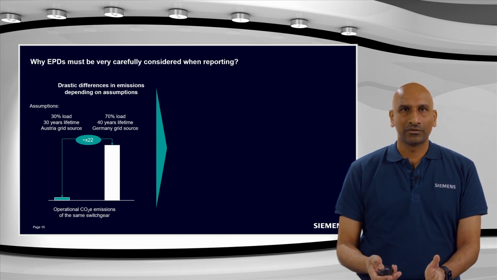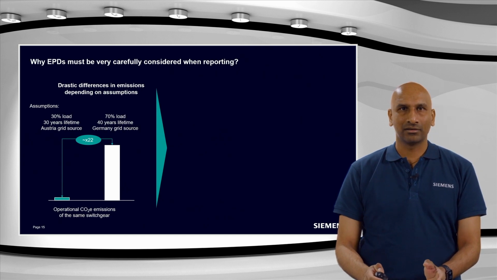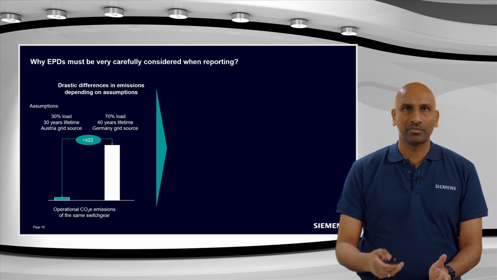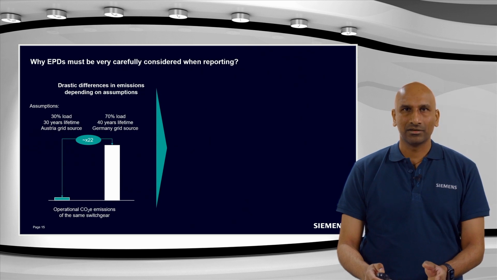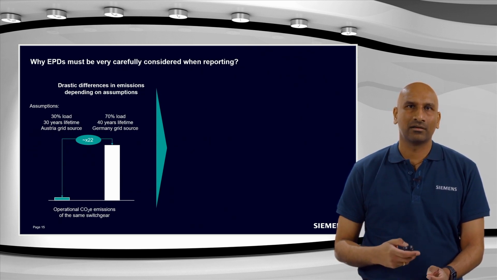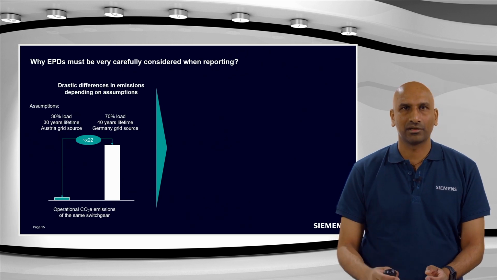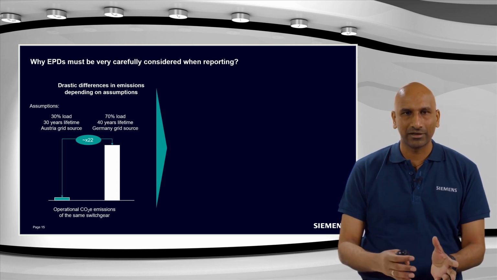So we think it shows clearly that the operation emissions are so dependent on the site conditions that the EPD alone does not give complete details about the CO2 emissions, and we cannot use it for reporting.